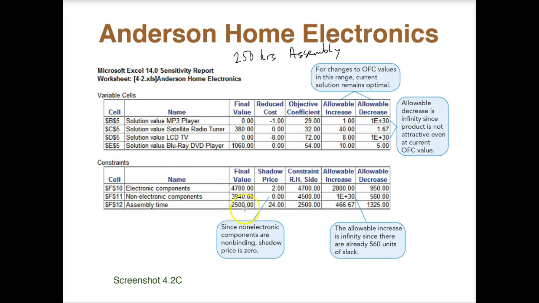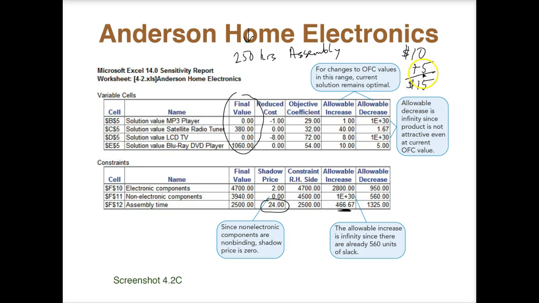If we check the assembly time, we see that the amount for the allowable increase is 466.67. So this 250 definitely falls within the range to keep this the same. Now, after that, we see that by changing our assembly time by 1 unit is going to affect us at $24 increased profit. Now, the thing is, we're currently paying workers $10 an hour, okay? If we do time and a half, 50% of $10 is 5. So we're going to have to add an additional $5 an hour for that, okay?